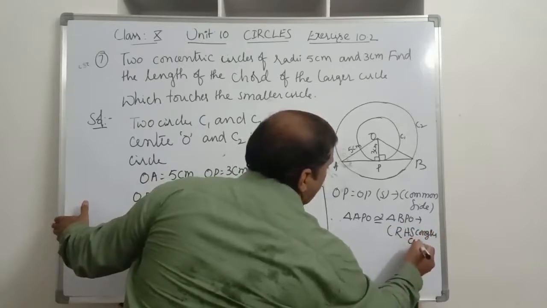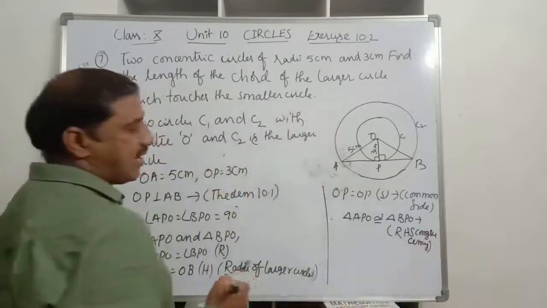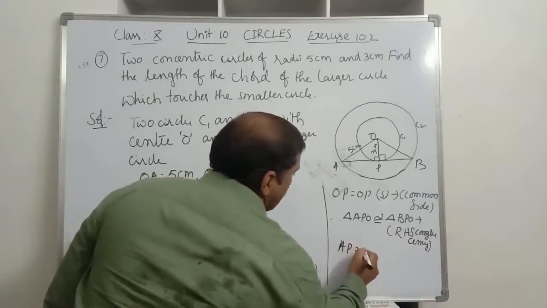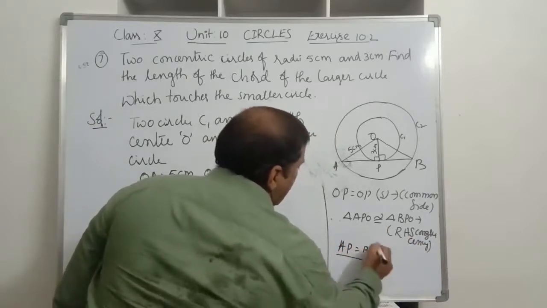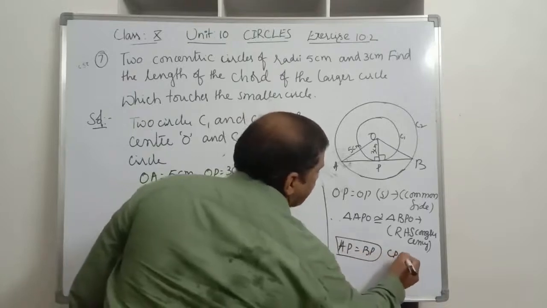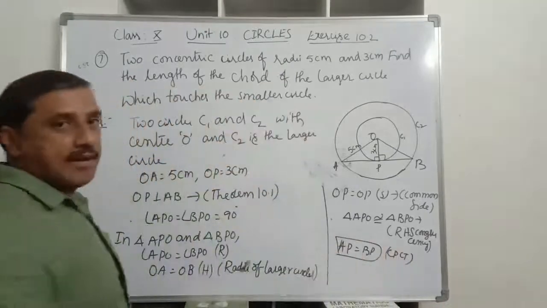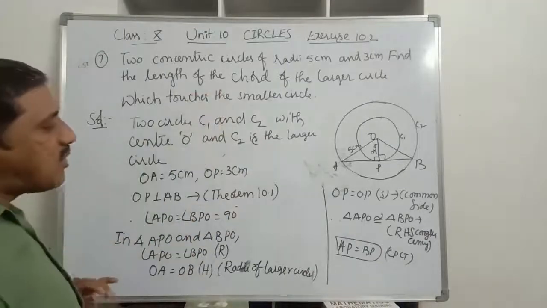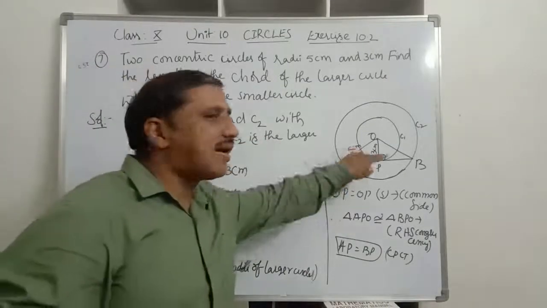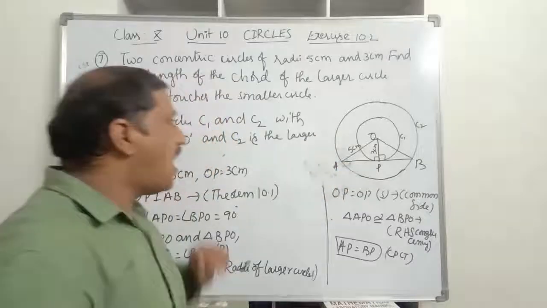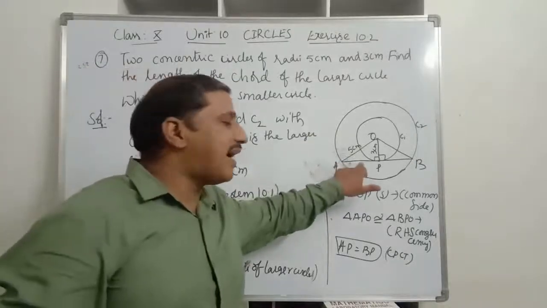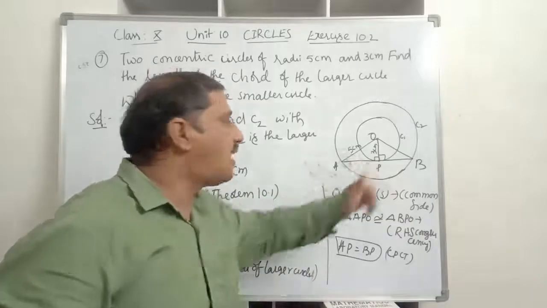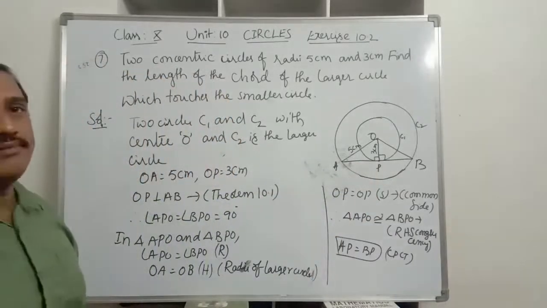By CPCT, AP is equal to BP, we have proved. Now consider any one of the triangles, both are right angle triangles, and apply the Pythagoras theorem. Thereby we can find AP, multiply that by 2, and we will get AB. Is it clear, children?